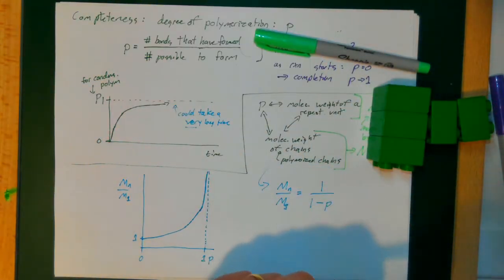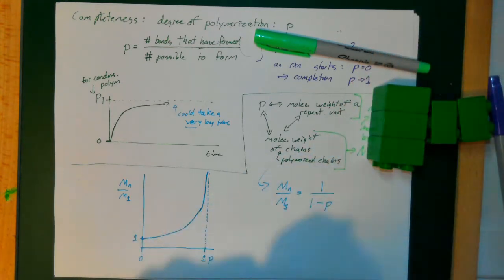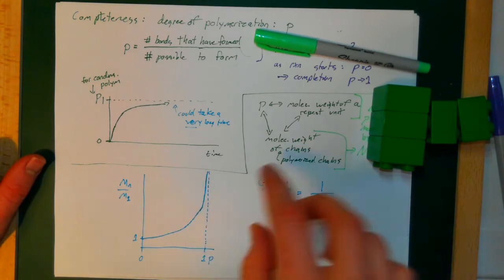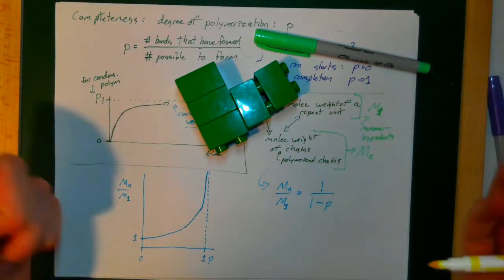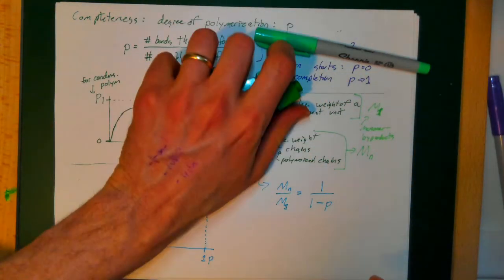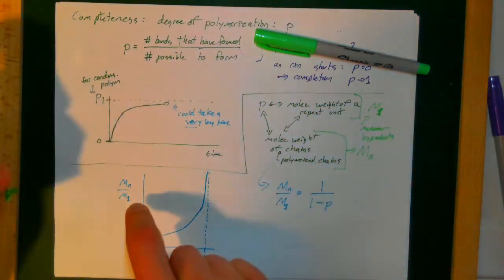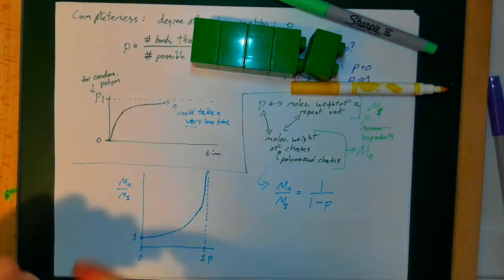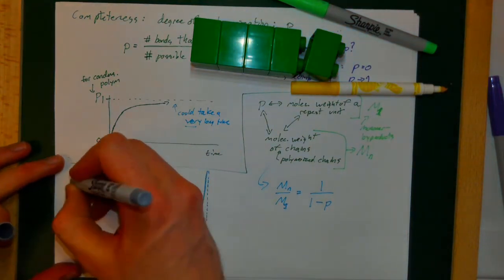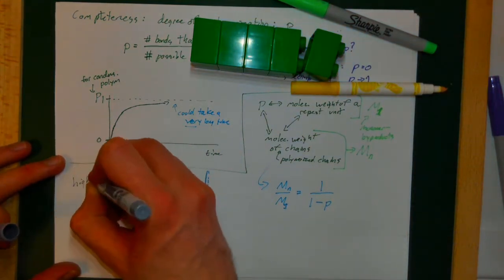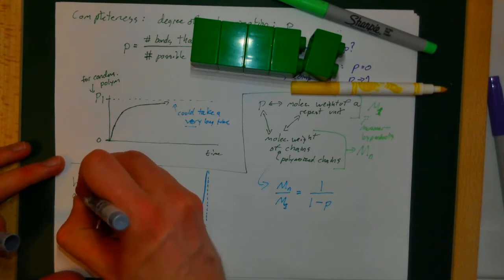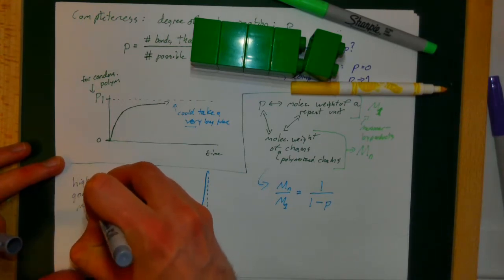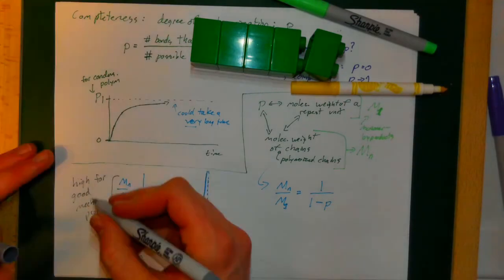So what's the tricky thing here? Well, the unfortunate thing is, when we polymerize polymers, if we want good mechanical properties, we want our molecular weight as high as possible. So we want this to be very high for good mechanical properties.